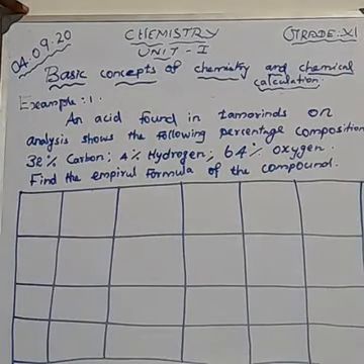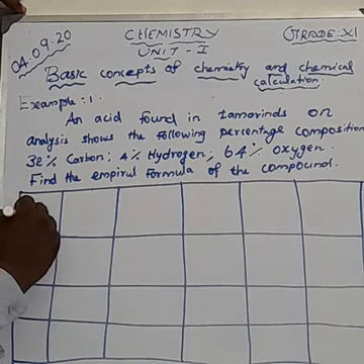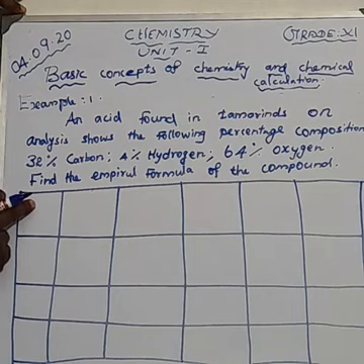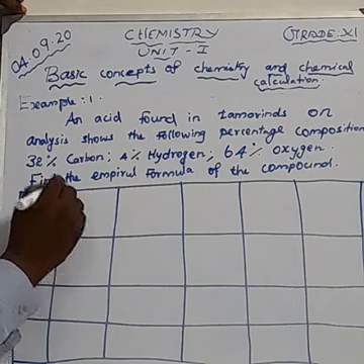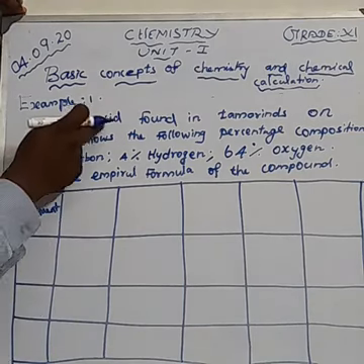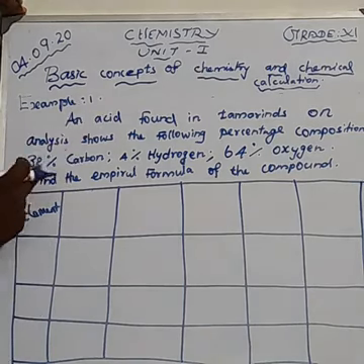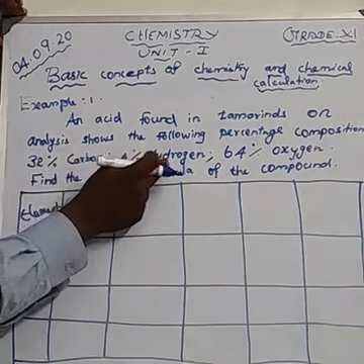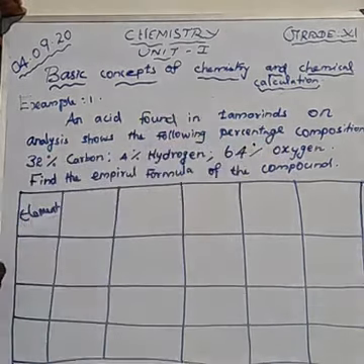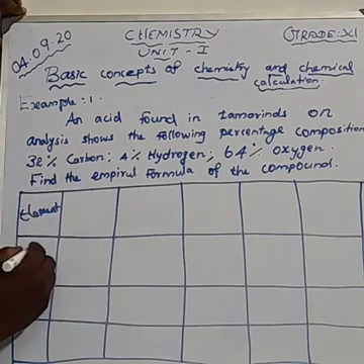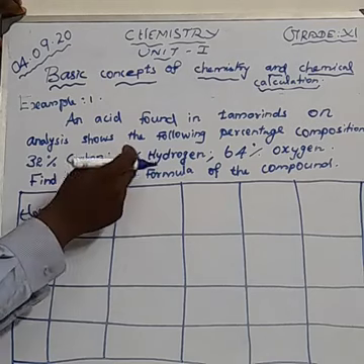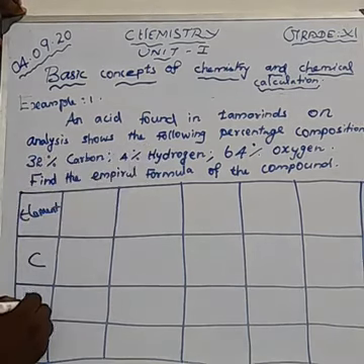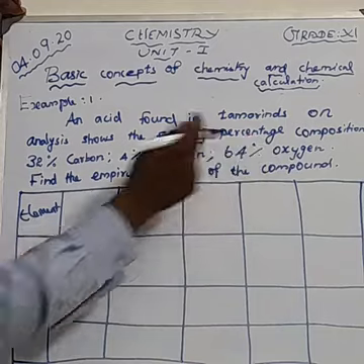First we should write the element. In the first column you should write element. As per this acid, which are the elements it has? Carbon, hydrogen, oxygen. So first you write carbon. What is the symbol of carbon? C. Then the second element, hydrogen. Third element, oxygen.